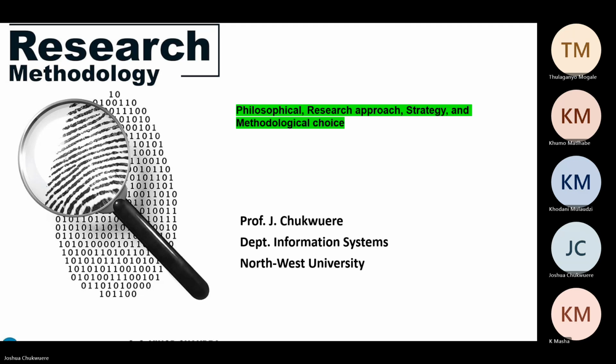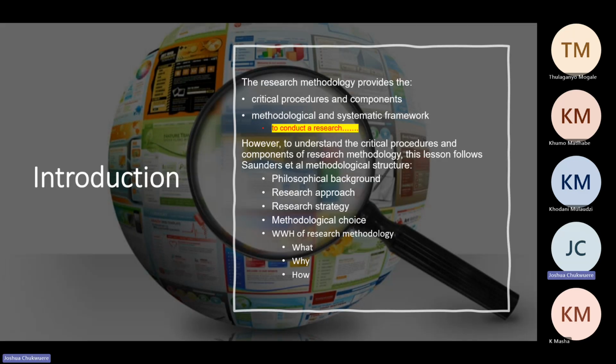Okay? Now, the introduction says that research methodology provides the critical procedures and components. Because it's a process, and for that process to work, there are some steps and components you need to consider.